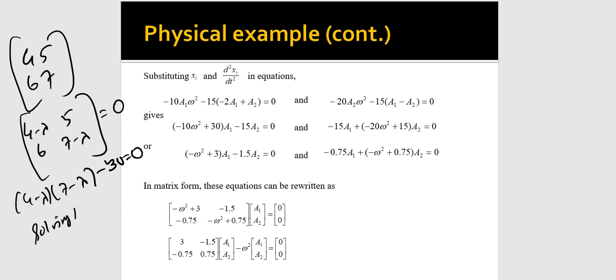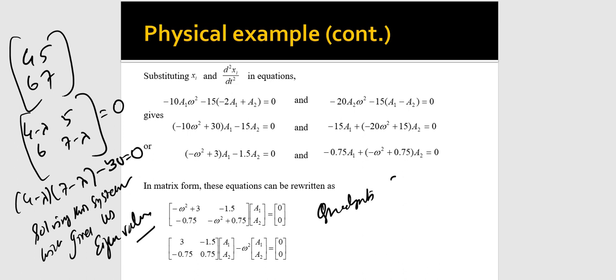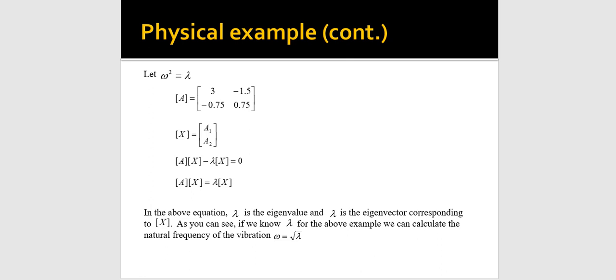Solving this system will give us the eigenvalues. Here it is a quadratic, and in a 2 cross 2 system there are 2 eigenvalues. There are parallel examples, but this is the easiest way to do it.